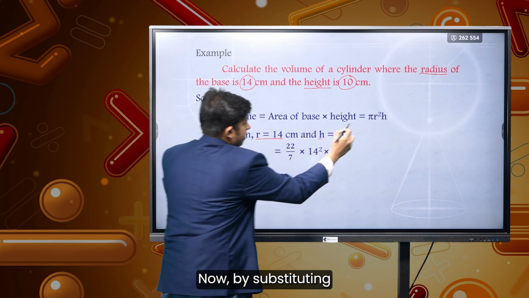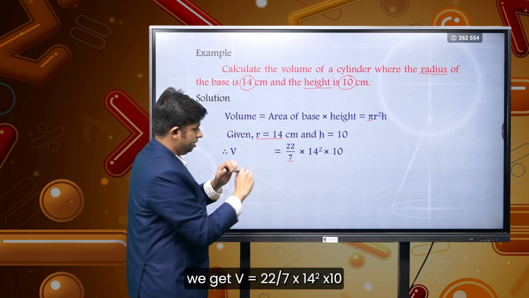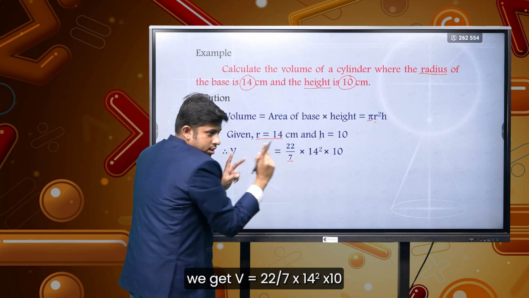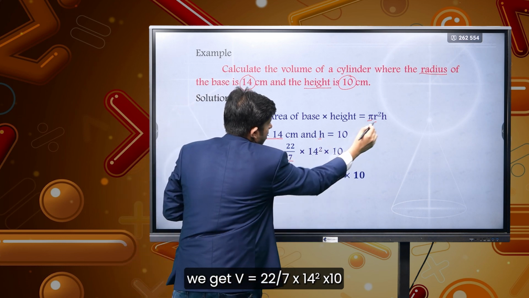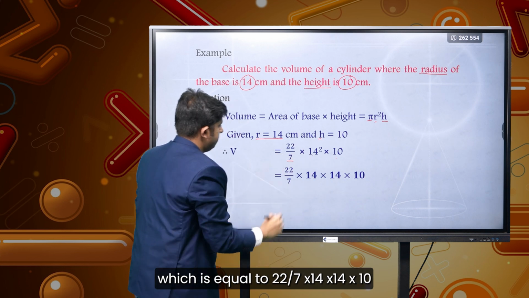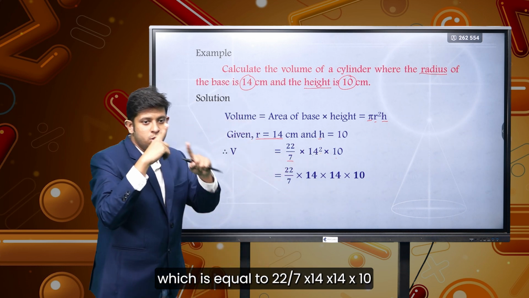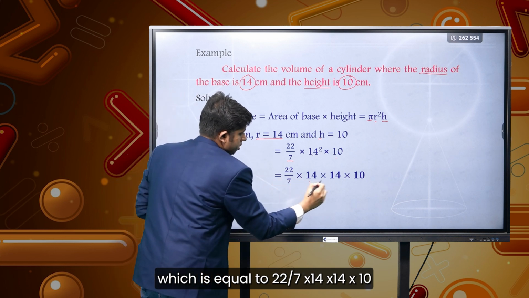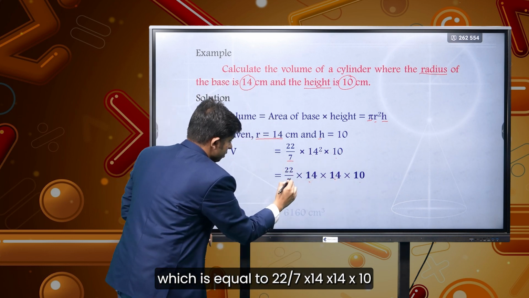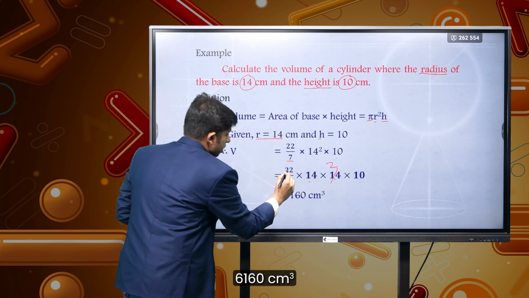Now, by substituting the values in the formula, we get V is equal to 22 by 7 into 14 square into 10, which is equal to 22 by 7 into 14 into 14 into 10. By simplifying, we get 6160 centimeter cube.